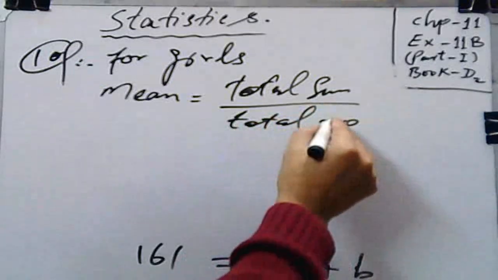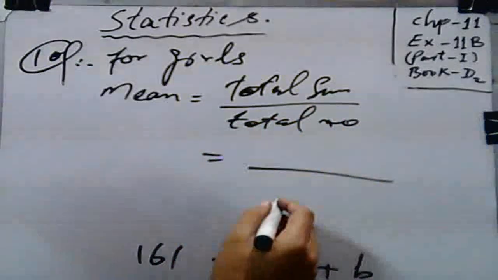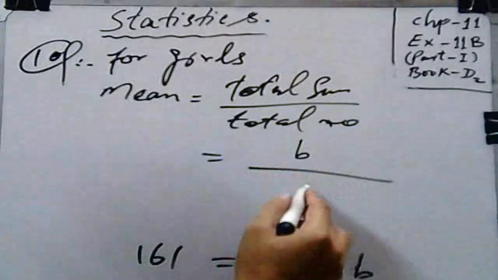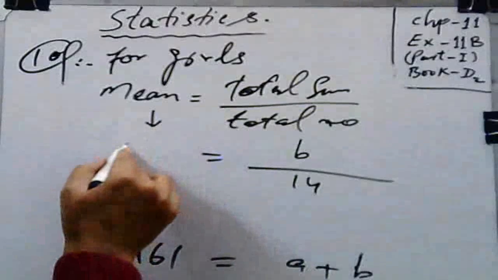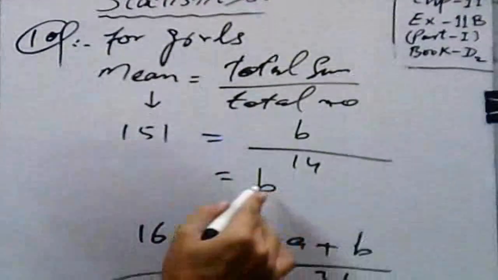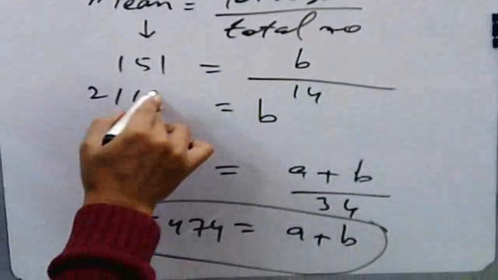The total sum is B for girls, the total number is 14 and the mean is 151. By using cross multiplication, the value of B is 2114.